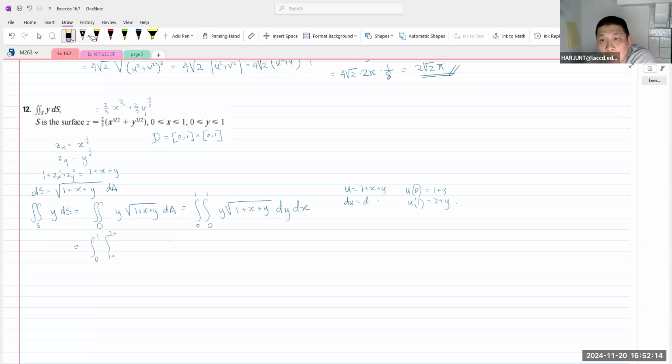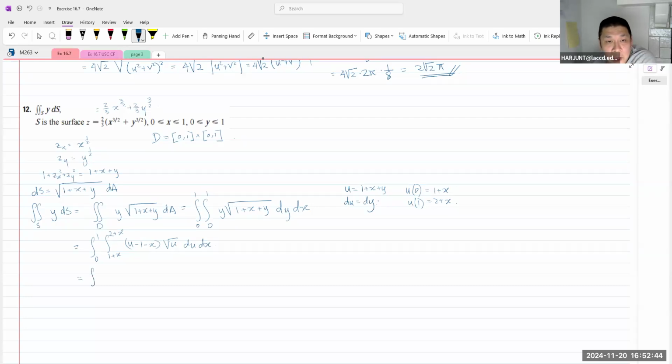Oh, I'm sorry, I'm so confused now. So that will be 1 plus x to 2 plus x. The y will be u minus 1 minus x, and then square root of u du dx. Now it's better, right? I hope.